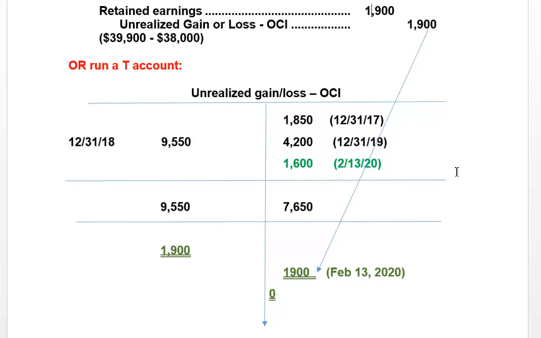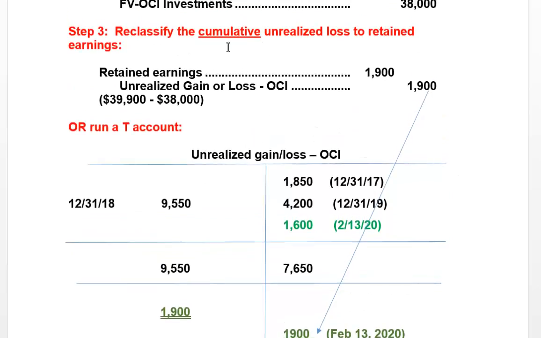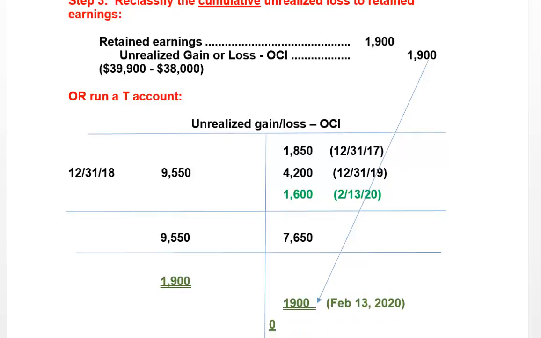So that's how I handle the reclassification of the cumulative unrealized loss, which we've proven to you, hopefully, is $1,900, right? And that thing, in order to zero it out, has to be credited, hence this guy here, right? And that means if I credit it, I'm going to debit or reclassify that loss to retained earnings.